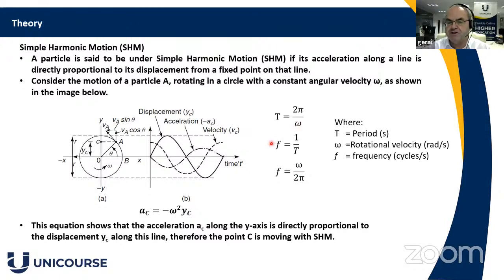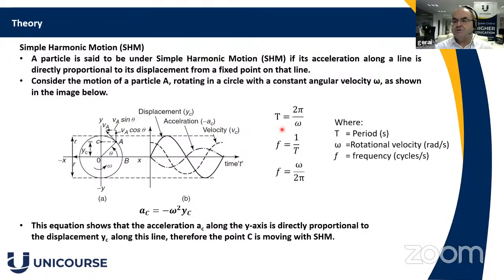The other thing that we're interested in is the frequency of rotation. Now the frequency is in hertz or cycles per second, and it's simply 1 over the time period for one cycle. So then we can say the frequency is therefore equal to omega over 2 pi. So it's the inverse of what we had up here, the time period.